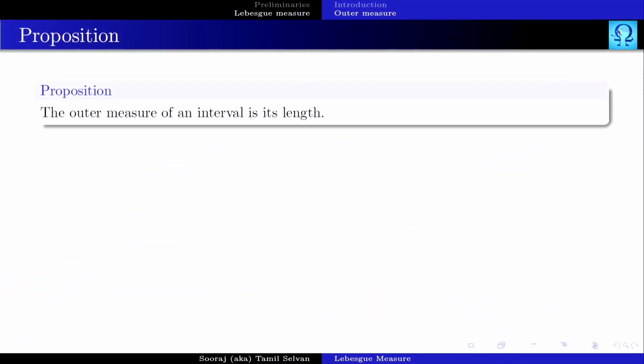right? So here we start our first result of our course, that the outer measure of an interval is its length. How are we going to prove this? They have simply specified that it is an interval. So it can be either bounded or unbounded.